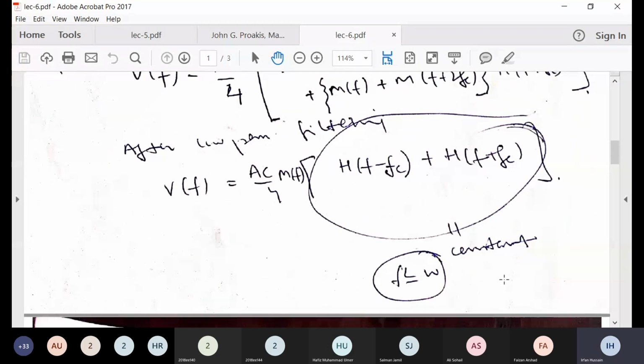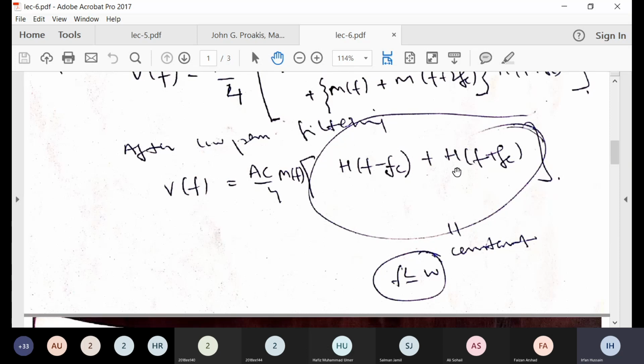So our requirement that the received signal V(f) is equal to M(f) requires that this factor must be a constant in the range for which your vestigial sideband signal exists.